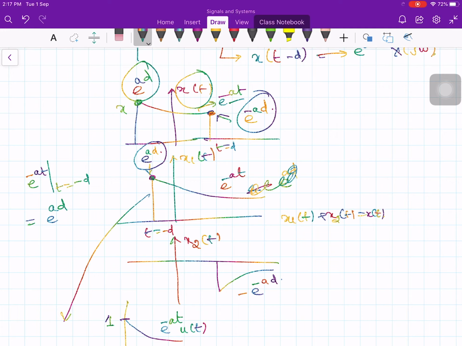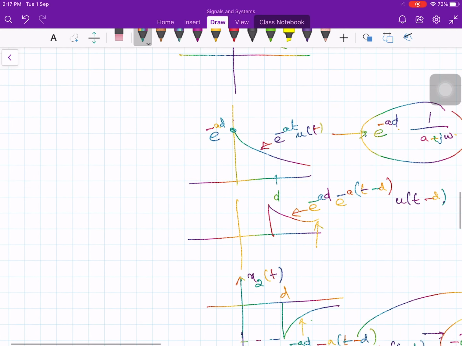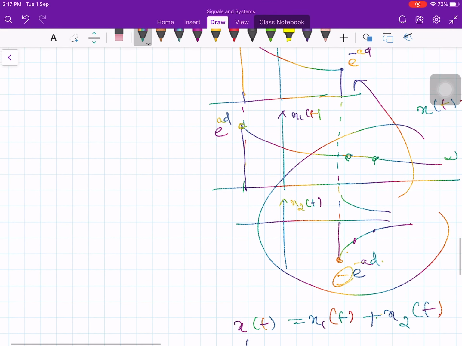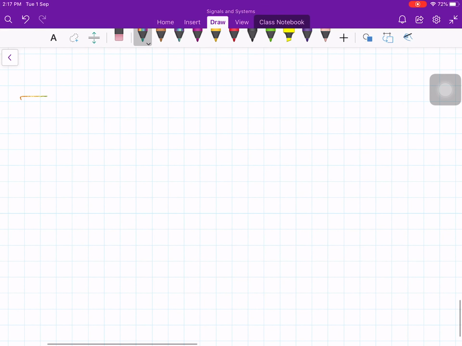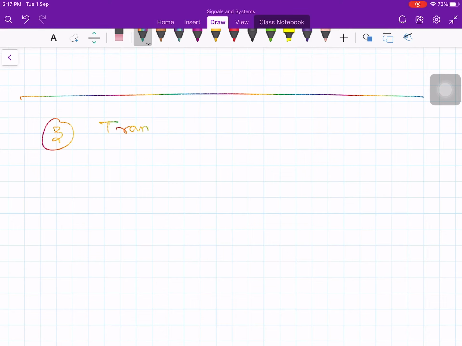Now let us take up the next property. Just like we have translation in time, we can think of translation in frequency. So this is the third property, translation in frequency. It is equivalent to multiplication by e to the j omega ct in the time domain.